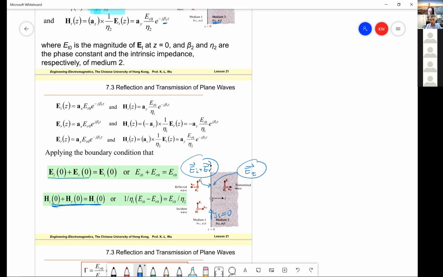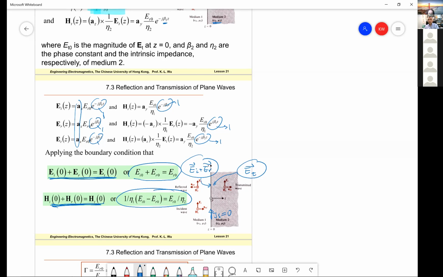So I apply tangential electrical field equal, tangential magnetic field equal. Setting Z equal to 0, this equals 1, this equals 1, same component, so you have this. Similarly for the magnetic field, you get this relation.